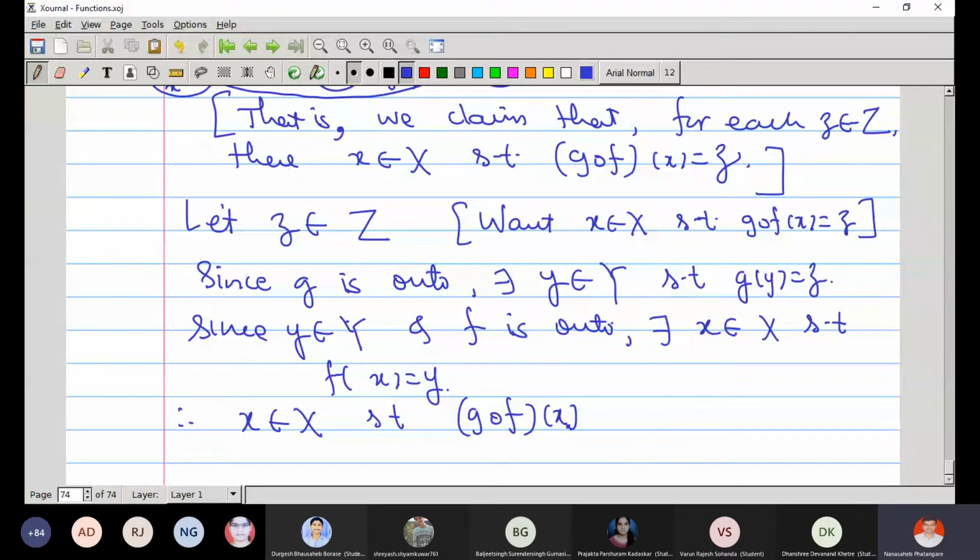Look at this particular x. Is it the required x? Therefore, there exists x in X such that... Is it the correct x? Correct x means: if you apply g composite f on this x, can it give us z? g composite f of x is g of f of x.